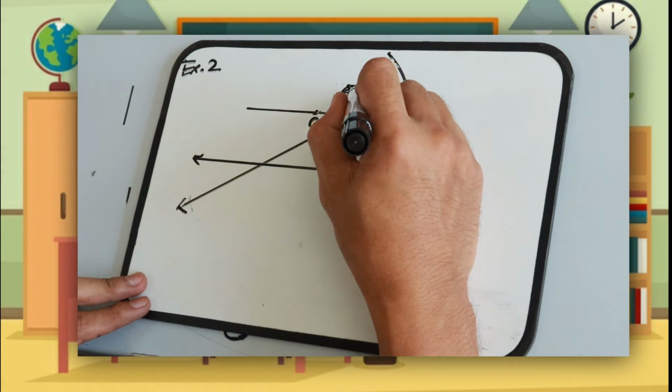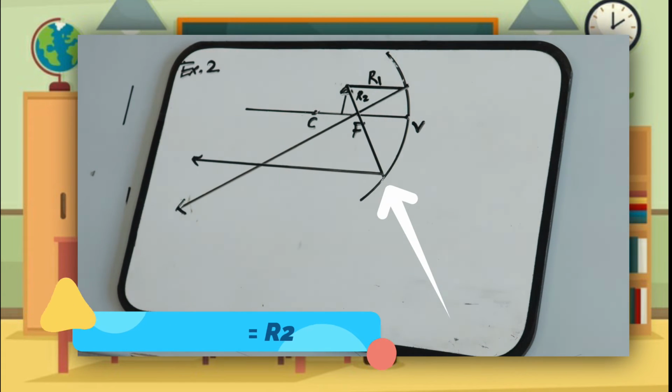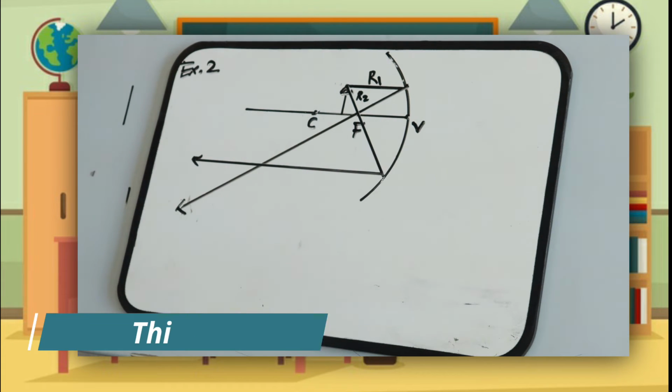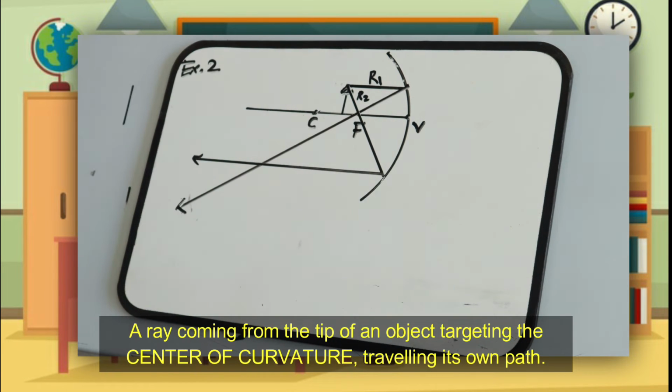So this will be our ray number 2. Next ray, third ray. Since our C, center of curvature, is located here, it is impossible for us to make the third ray.